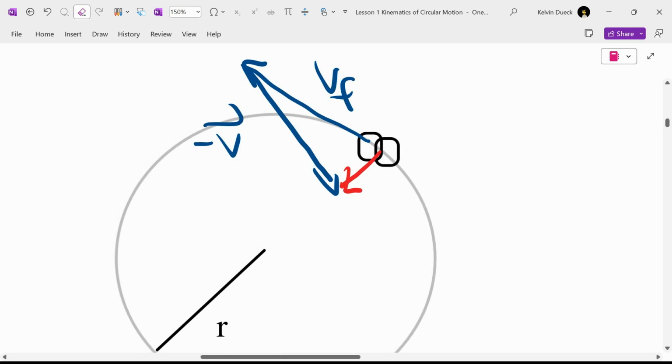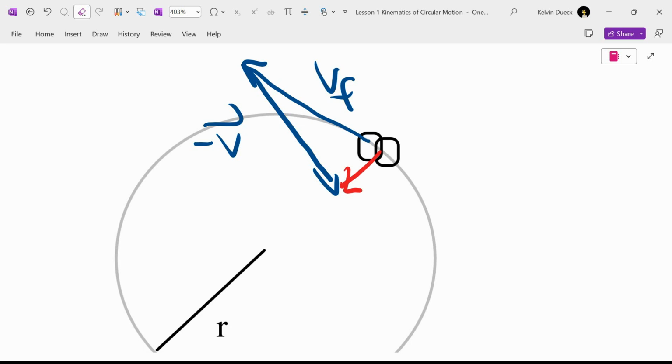In other words, you're accelerating toward the center. And this is the key understanding. When you're moving in a circle, which way are you accelerating? Towards the center. When you draw a free body diagram, which way is the winning direction? Same answer.